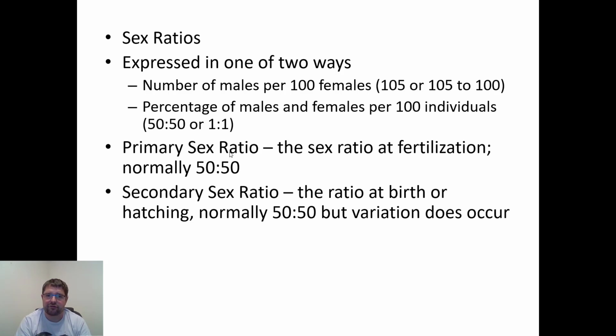Wolbachia actually kills about 90% of all the males of certain types of butterflies at hatching, and doesn't kill hardly any females. So you can get this huge variation in secondary sex ratio when there are different diseases or even pests that occupy a given region.